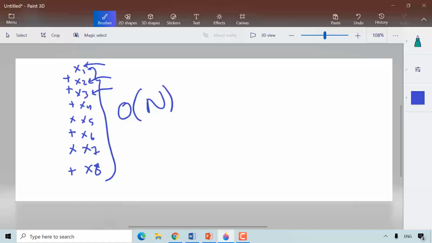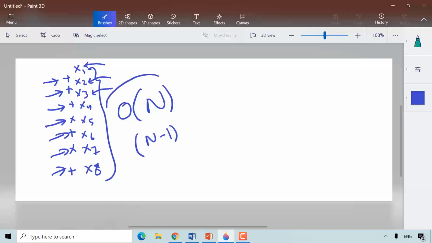So I need n minus 1 additions. If I have 8, I have 7 additions. So it's on the order of n. If I need to add 128 x's, then I need 127 additions. We don't like that. We need things to be faster.